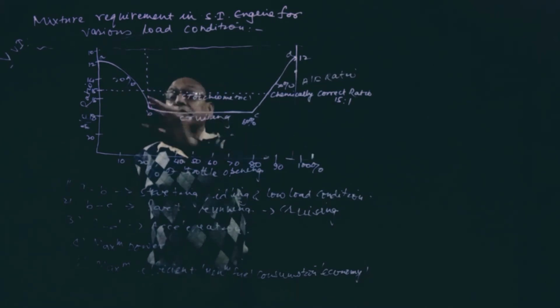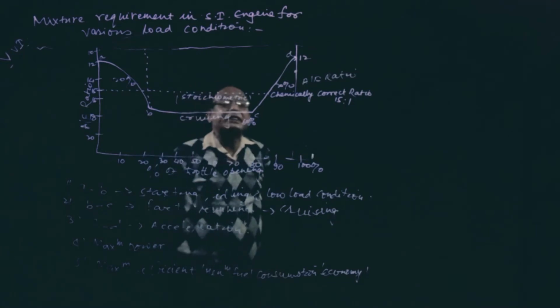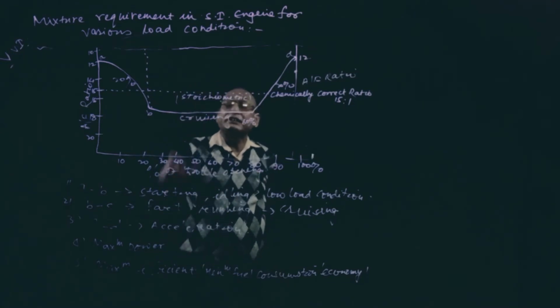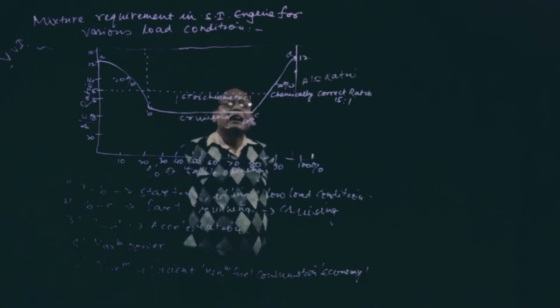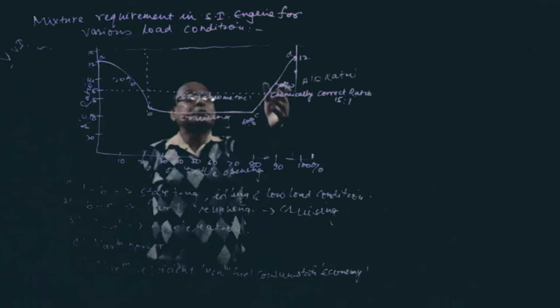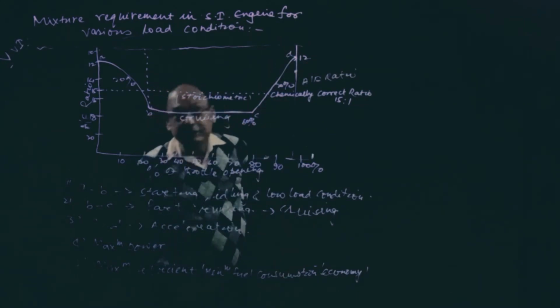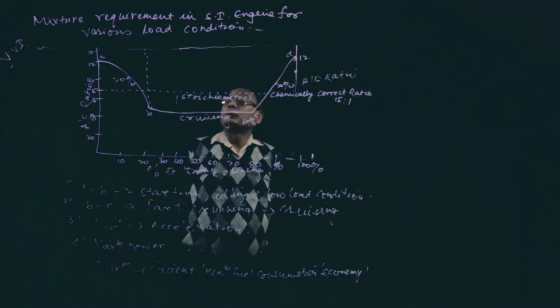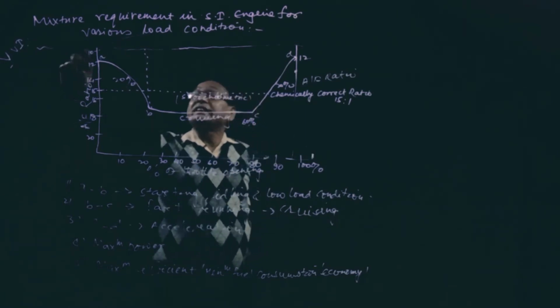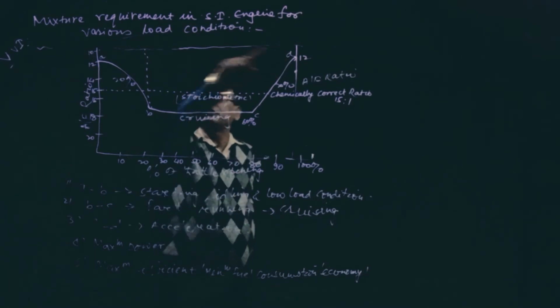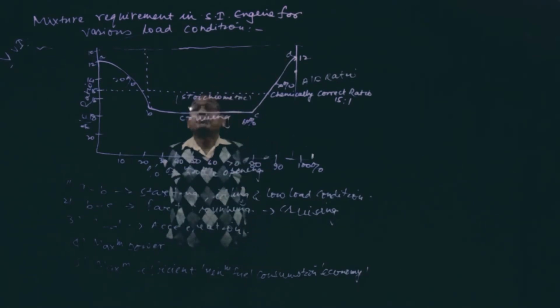So it is better to go near the stoichiometric, chemically correct ratio. So cruising is almost 60%, and C to D is acceleration, where we want to increase the speed, then we have to supply more fuel. In that case the air ratio will be less. Here air is almost 10 kg or 12 kg, and the fuel ratio will be more.